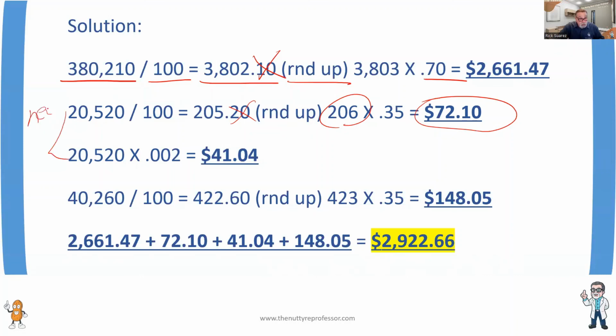New loan pays the note and the intangible. So it pays both. So 20,520 times 0.002 is 41.04. Here, the last one is an assumable, so it only pays the note, right? 40,260 divided by 100 equals 402.60. You round that up to 403 times 35 cents is 141.05. You grab them all, you add them all, and you end up with 2922.66.